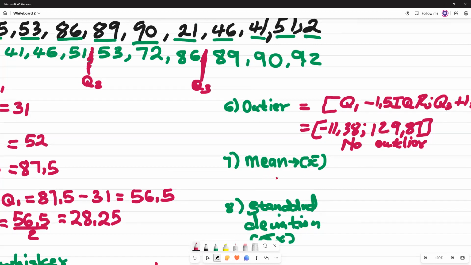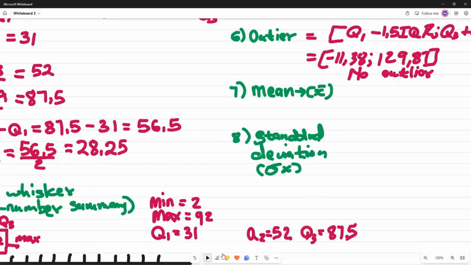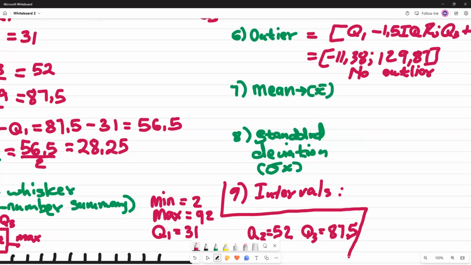So now let's go to the mean and standard deviation. And I also need to add something here. We're going to talk about the intervals for standard deviation. Let me just write it down. Sharp. Okay, let me just use a block like this to separate.